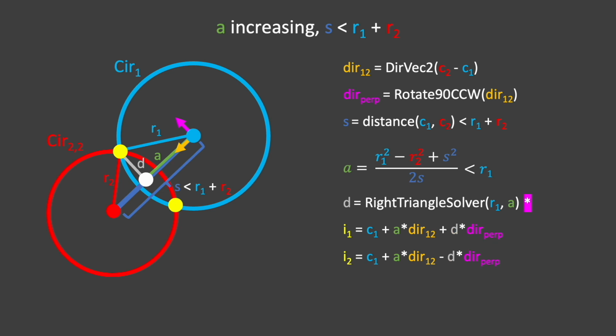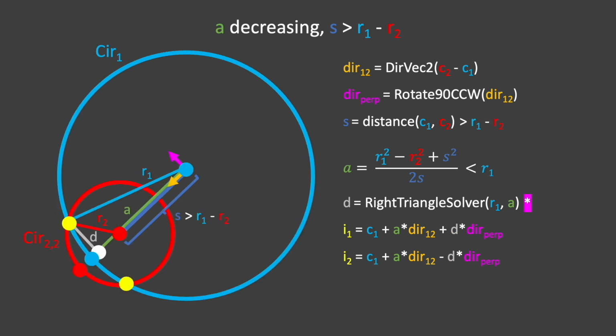So you'll see that this is a big difference between the cases where A is increasing and where A is decreasing. So moving on, when A is decreasing and S is greater than R1 minus R2, you'll see that we have the exact same finding, meaning that A is less than R1.